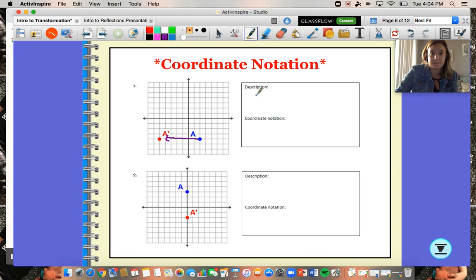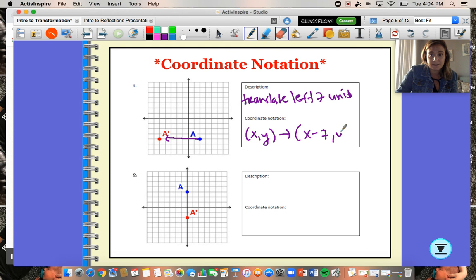You're starting with the pre-image. The description is I'm going to go left. You know what? Let's get real nitpicky here. Translate left. What is that? 1, 2, 3, 4, 5, 6, 7. 7 units. So coordinate notation, XY becomes, do not forget this, X minus 7, Y stays the same.